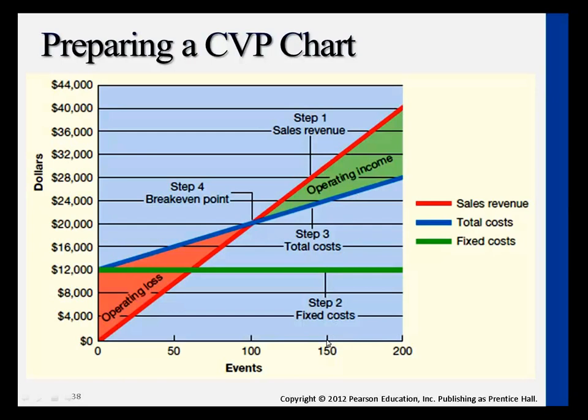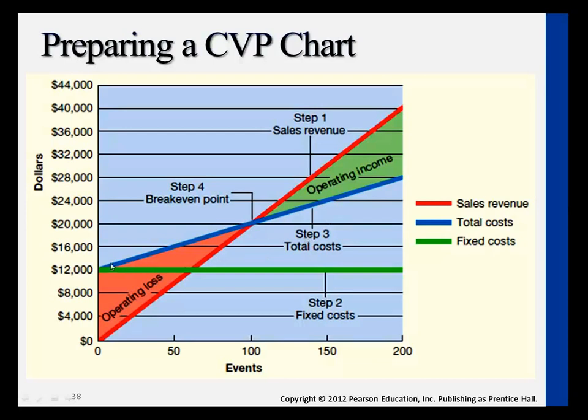If I have 150 events this period, I have about 24,000 in costs, and I have somewhere under 32,000 in sales revenue. Well, that sounds good, right? So it's an operating income.